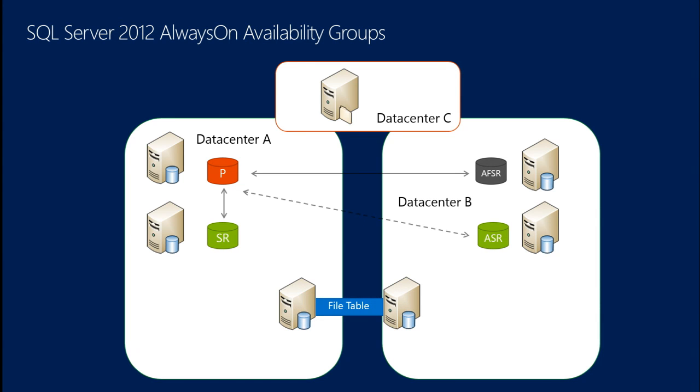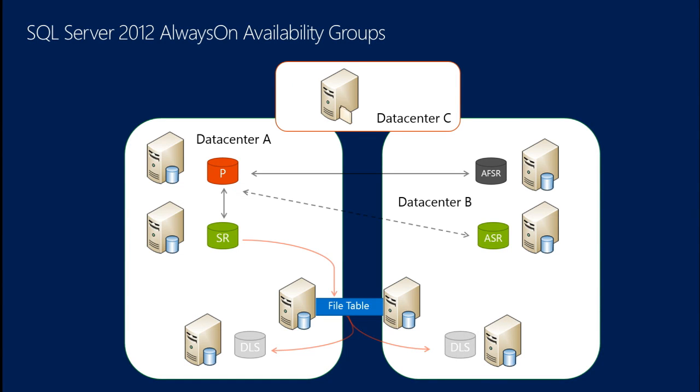In addition to that, we misuse SQL Server in a second cluster to provide the file table storage for our transaction log backups so that they are in both data centers. So we actually back up one SQL Server's transaction logs into another SQL Server's database and have that mirrored across two sites. That's helpful. And we restore on each site to a log shipping machine, which is delayed by about an hour on purpose.